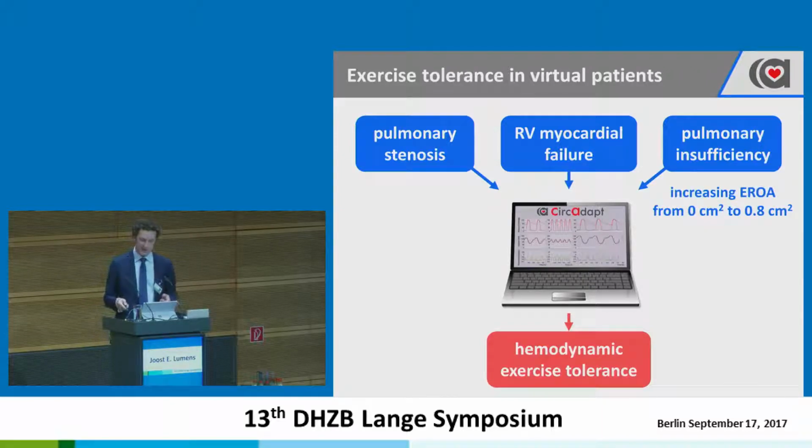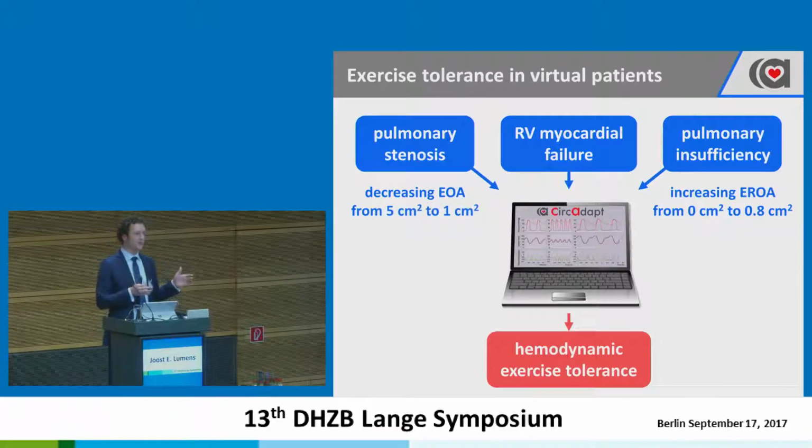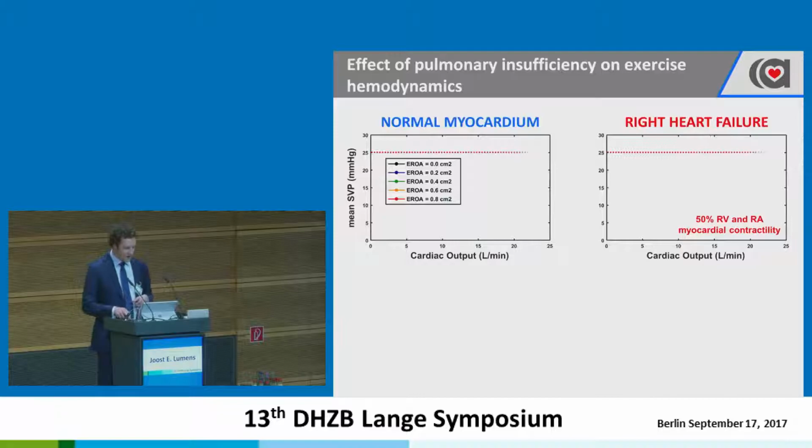Pulmonary insufficiency we simulate by simply linearly increasing a regurgitant orifice area of the pulmonary valve, and pulmonary stenosis is a linear decrease of the effective orifice area of the same valve. So let's assume a critical pressure, and this is central venous pressure.